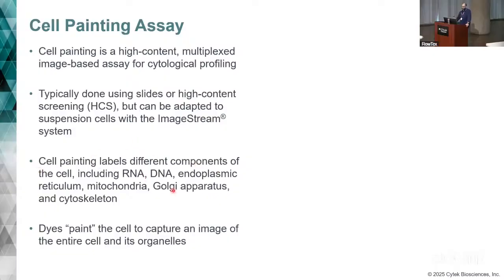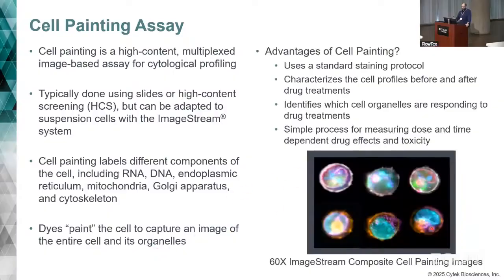What happens is you paint or label different portions of the cell: the RNA, the DNA, the ER, mitochondria, Golgi, and cytoskeleton. The dyes paint those cells and allow you to look at it and say, what is changing? What is different?